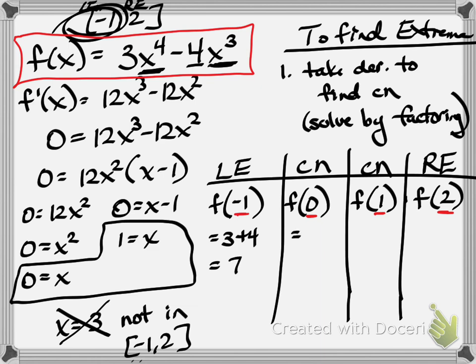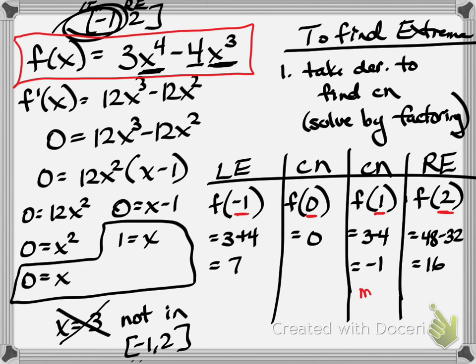For 0, we get 0. For 1, we get 3 minus 4, so we get a negative 1. And for 2, we get 16 times 3 is 48, minus 8 times negative 4, 32, so 16. So these are the actual function values for the left endpoint, critical numbers, and right endpoint.